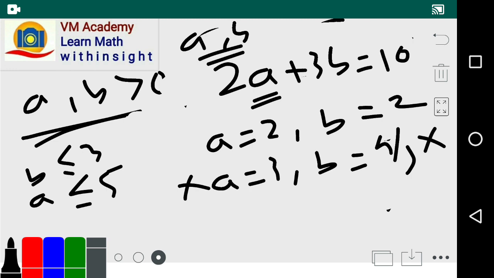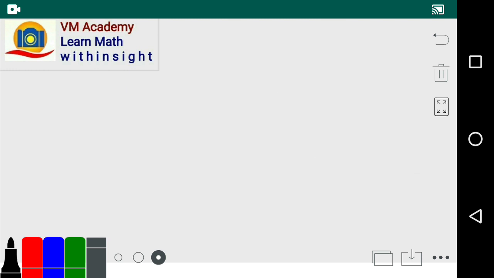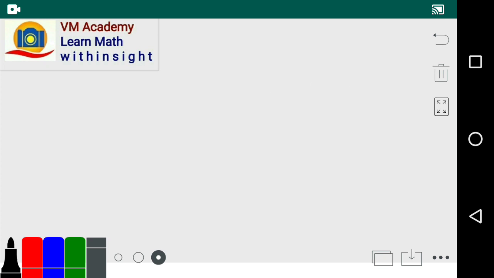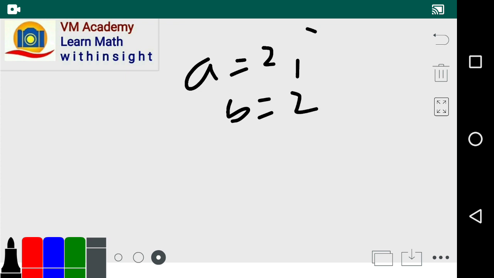We want integral solution. So now a equal to 4. Then friends, 4 into 2 is 8, so 8 plus 3b equal to 10, that means 3b equal to 2, that means b equal to 2 by 3. Again it is not an integer. In this manner the only integer solution is a equal to 2 and b equal to 2.